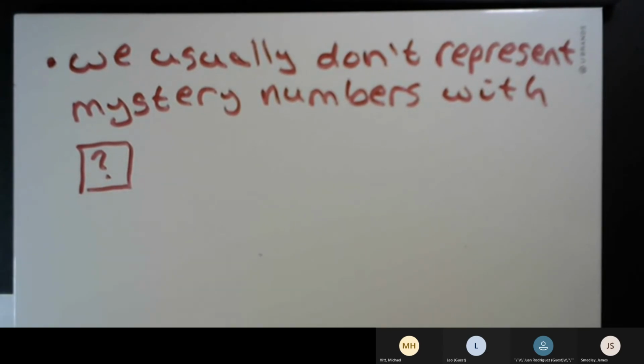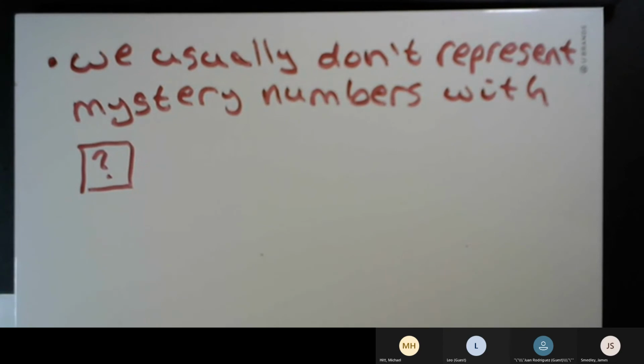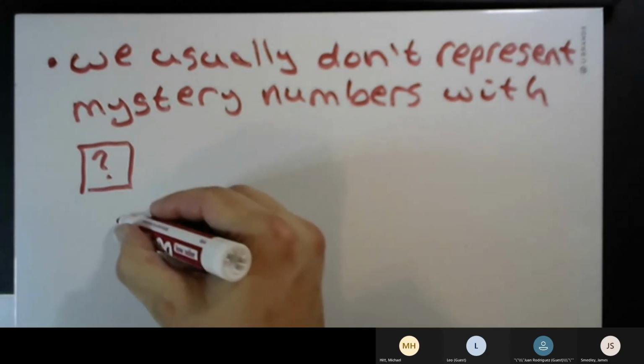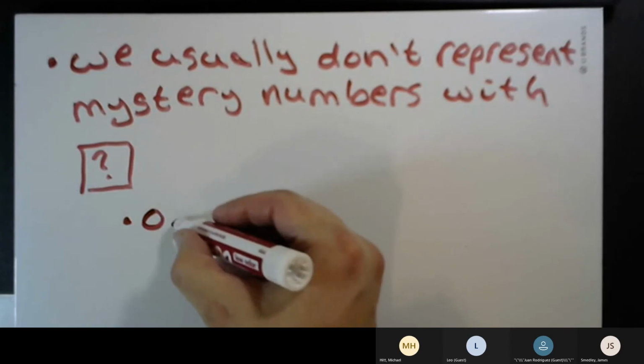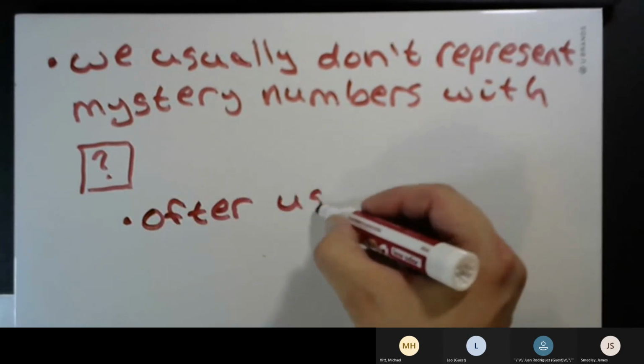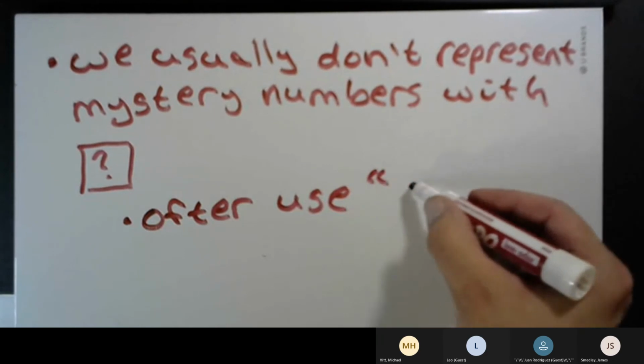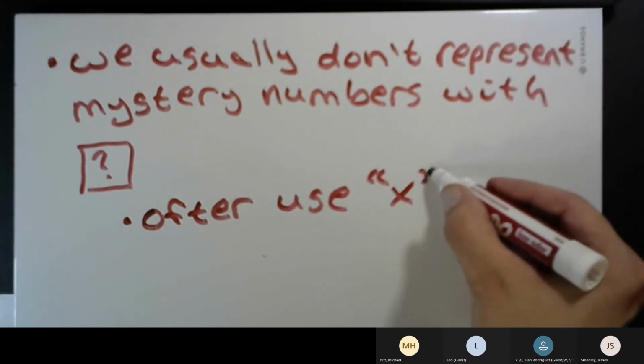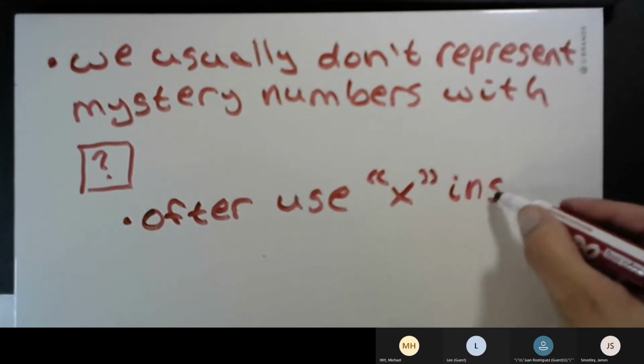So what they did, you can come up with a letter, something very simple to write, a very simple symbol that's easy to write, and it doesn't look like any numbers. So we often use X instead.